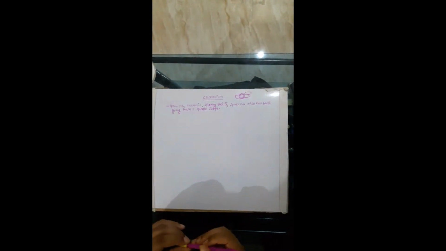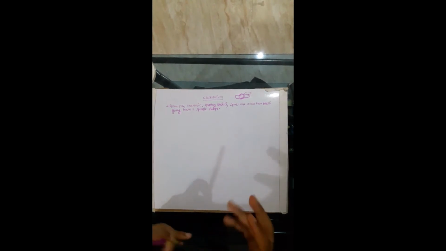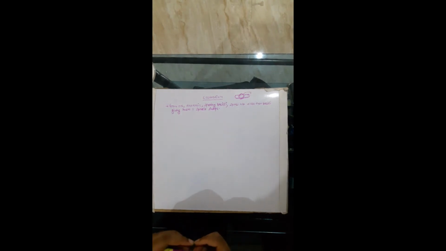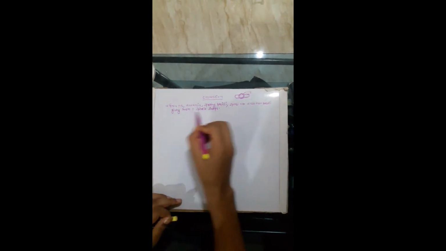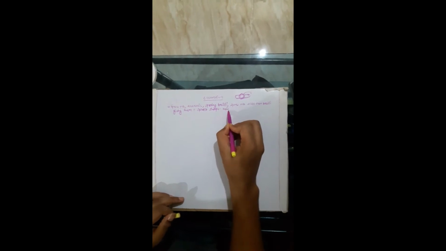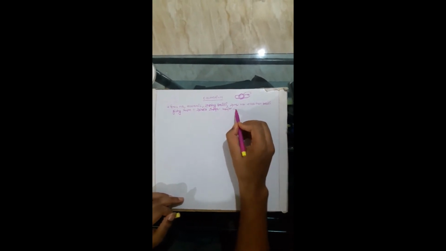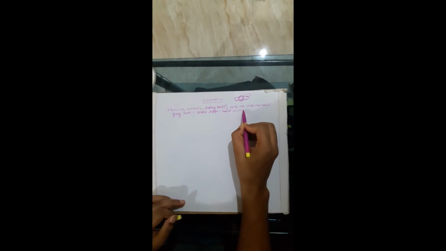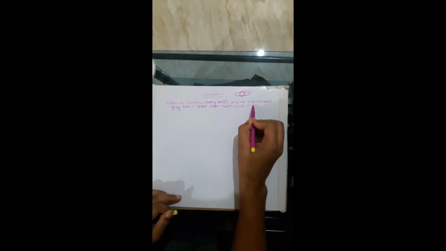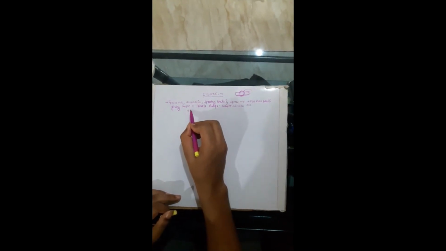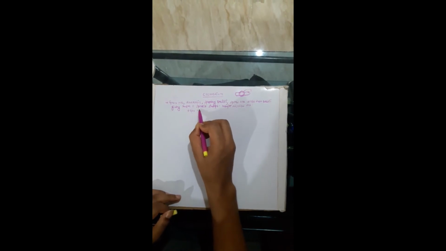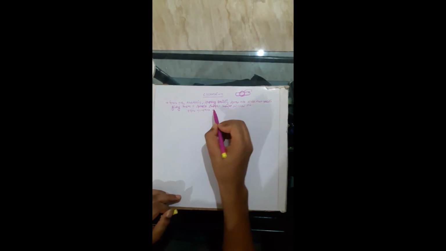All right. And the major human diseases caused by Clostridium are gas gangrene and food poisoning. So major diseases are gas gangrene and food poisoning.